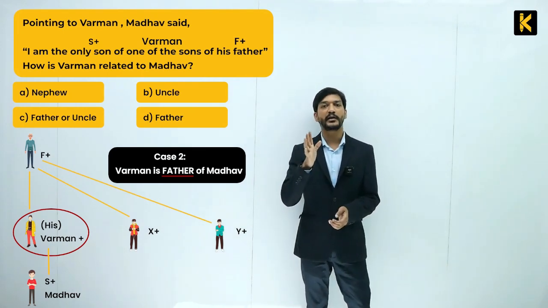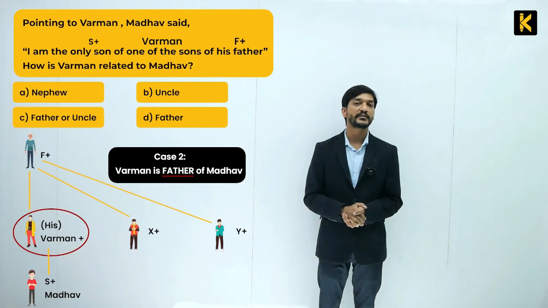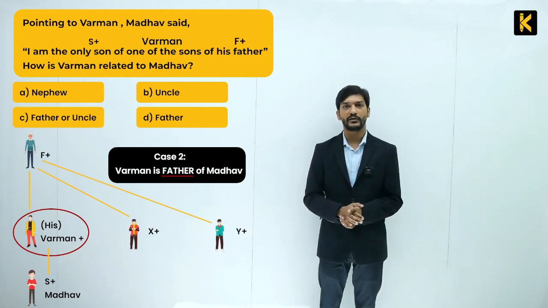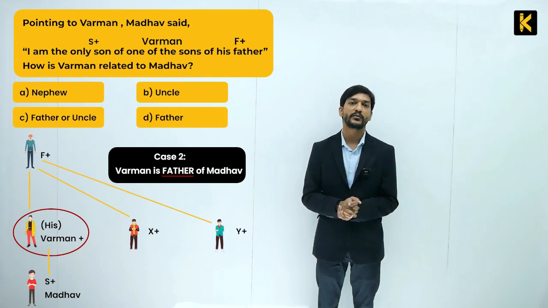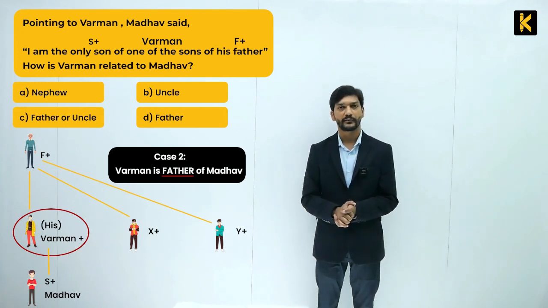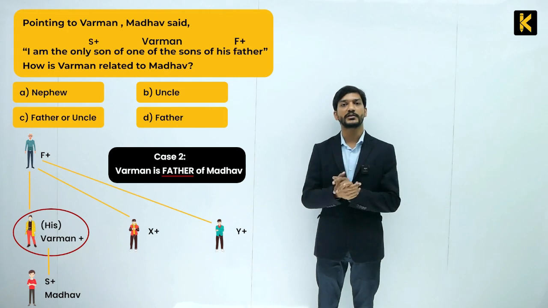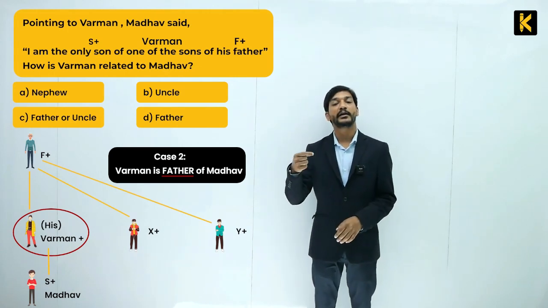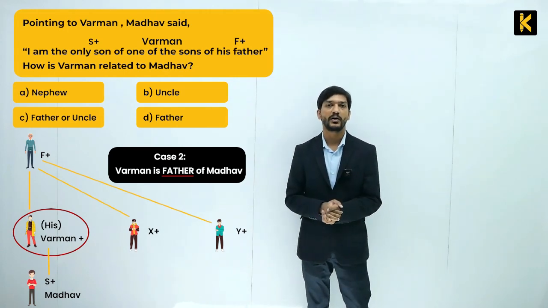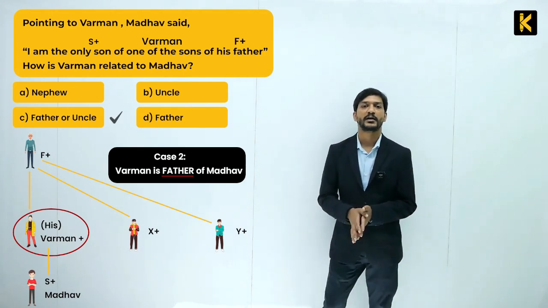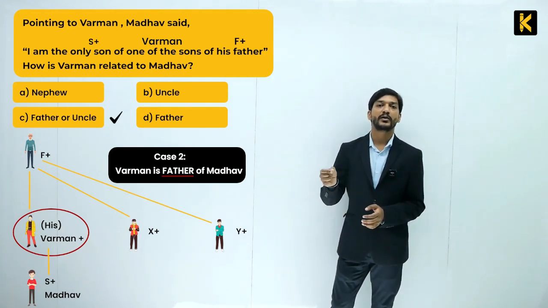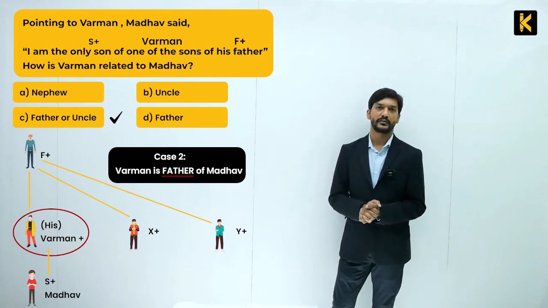So one possibility is telling that Varman is uncle of Madhav. And the other possibility is telling that Varman is father of Madhav. So if we take both the possibilities, we will say either it is uncle relation or it is father relation. Okay. So that means option C, father or uncle, will be correct.